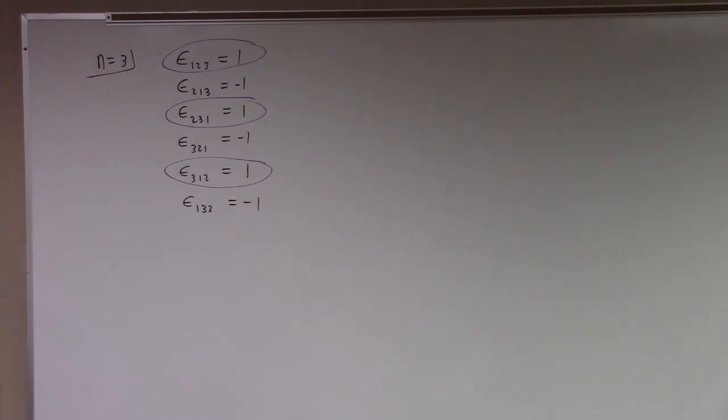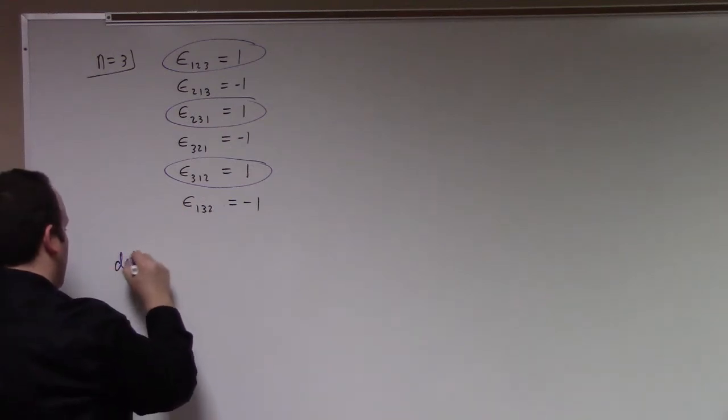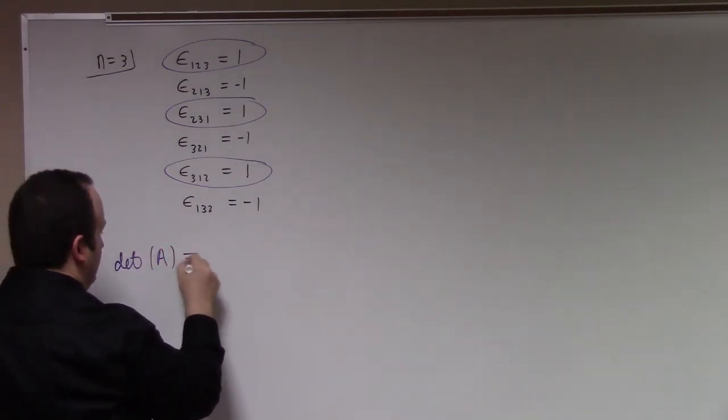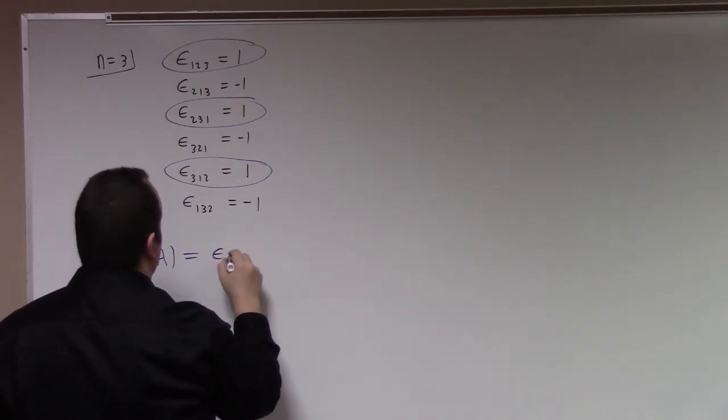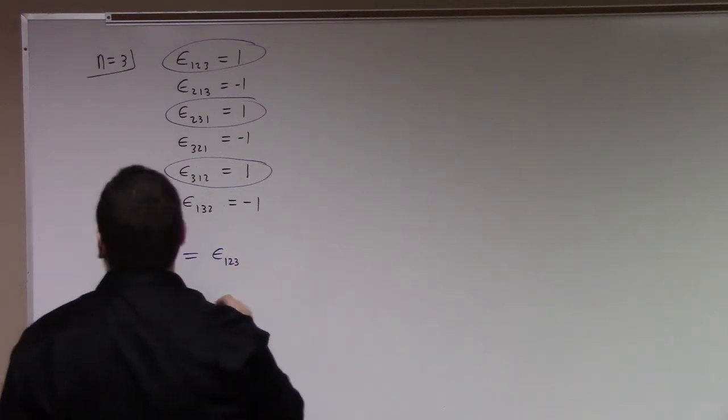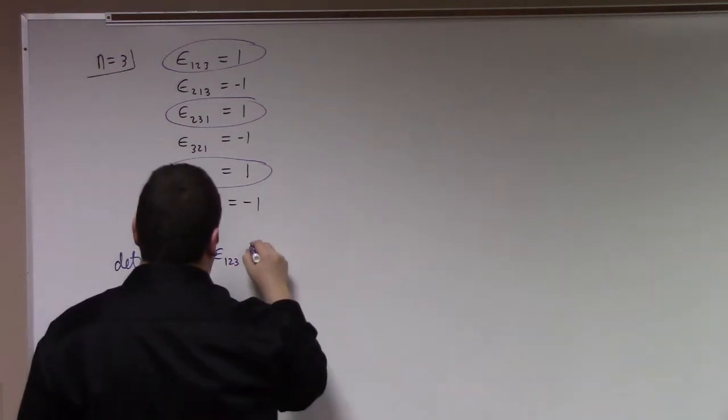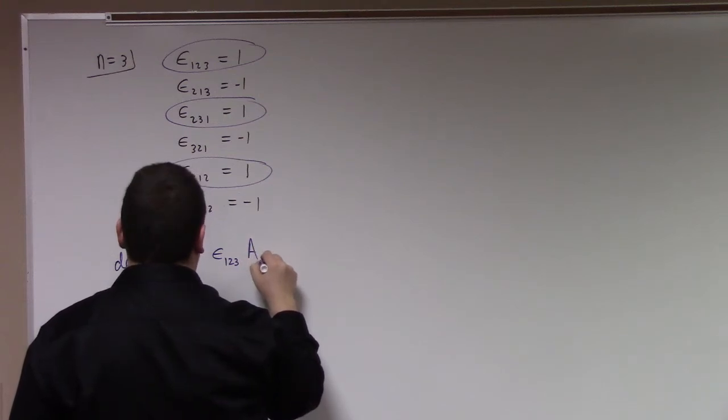And so the determinant of a 3 by 3 matrix is, what is it? It is epsilon 1, 2, 3, excuse me. Let's see here.